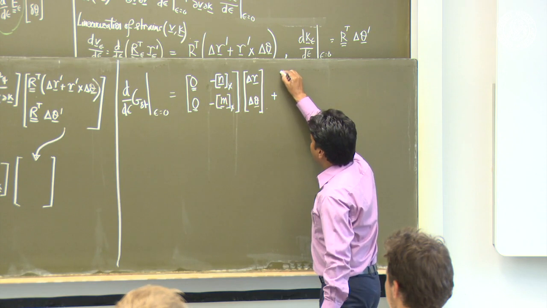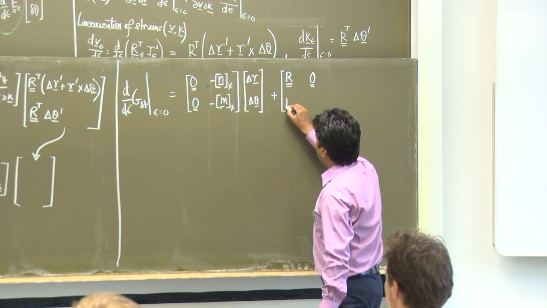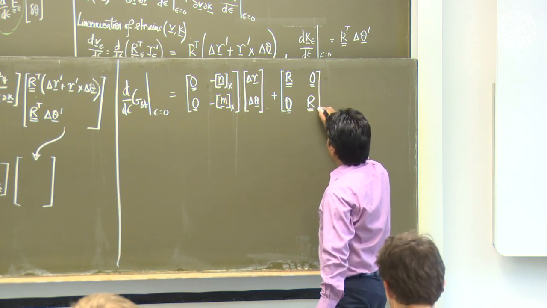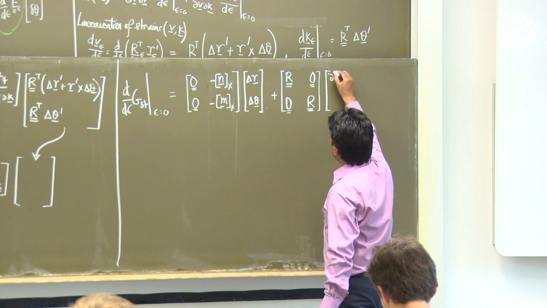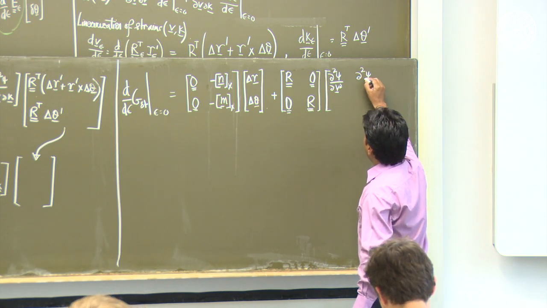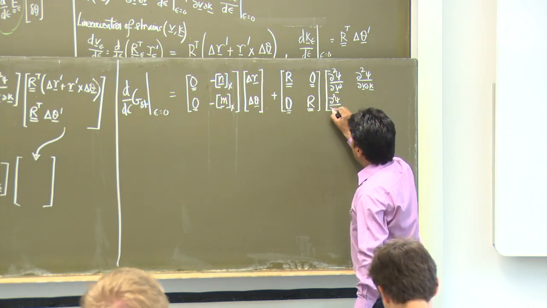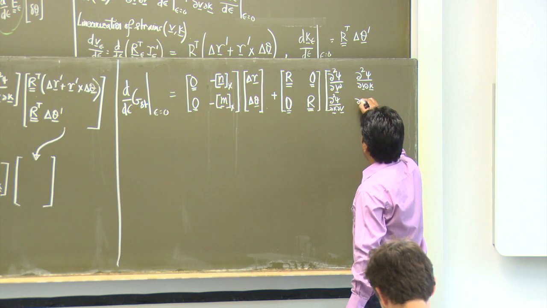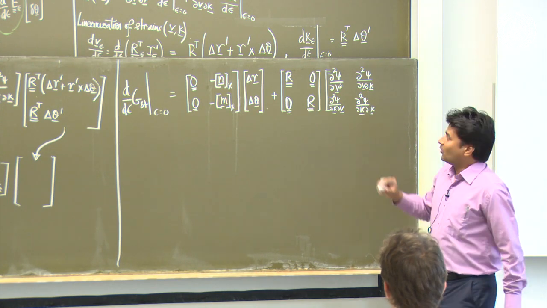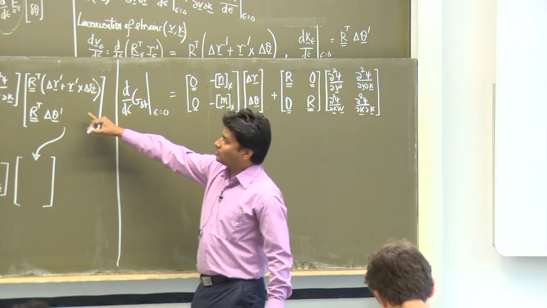See, I'm going to write it as plus big R times 0 times 0 times big R into del 2 psi over del V2, del 2 psi over del V del K, del 2 psi over del K del V, del 2 psi over del K, okay, times the thing that you see over here.